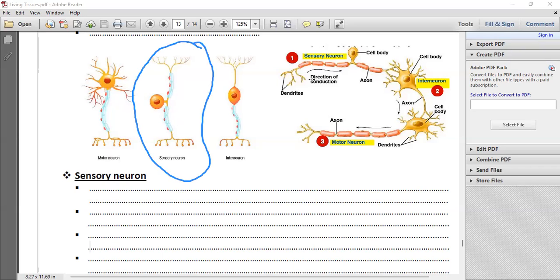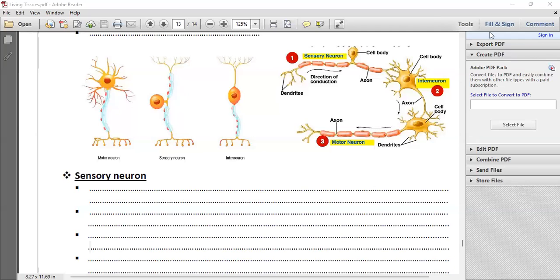But in this case, you can see that the cell body is located in between the axon. That means from the dendrites, an axon runs, and then in the middle of that axon you have the cell body. And then again the axon runs, and then you have the axon terminals. So in the middle of the nerve fiber you find the cell body. That was the second point. Cell body is present at the center of the nerve fiber.